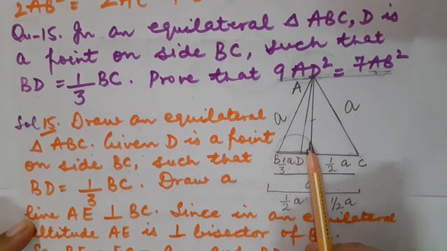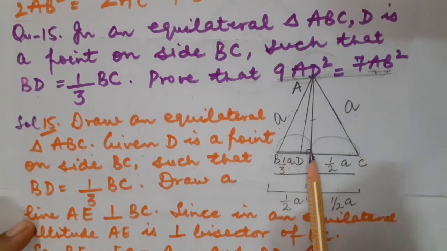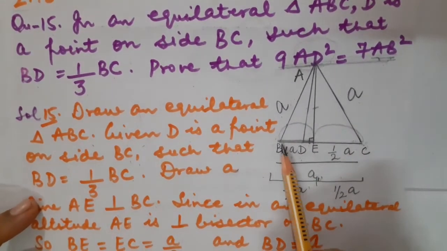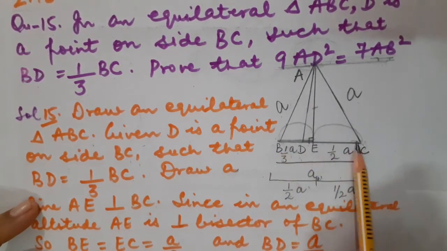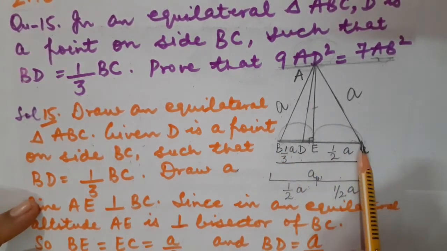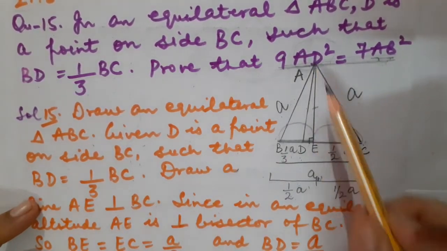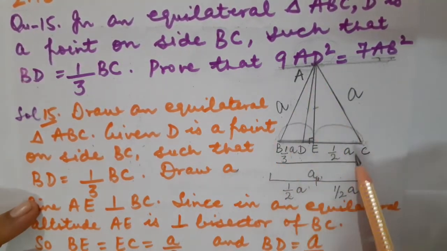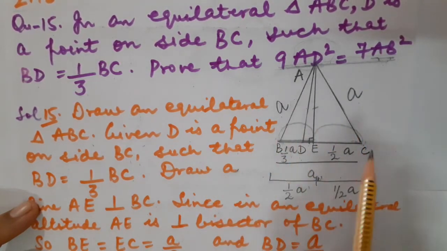So can I say that BE is equal to EC? It means BE is equal to EC is equal to A by 2. Correct? Can I say that BE is half of BC and EC is also half of BC? Why? Because AE is median, AE is altitude, and it is perpendicular bisector also. As you know that in an equilateral triangle, median, perpendicular bisector and altitude are one and the same thing.